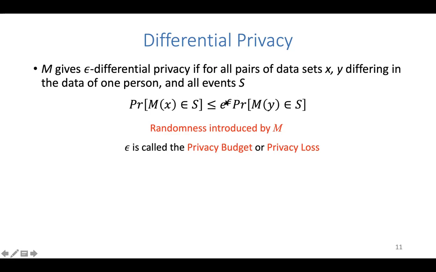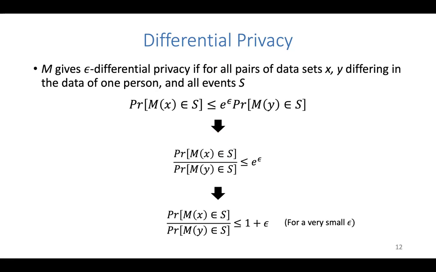A smaller epsilon means higher privacy protection, and a larger epsilon means lower privacy protection, or higher privacy risk. You can rearrange the terms like this. Basically, it's a ratio between two probabilities, which can be bounded by this e to the epsilon term.